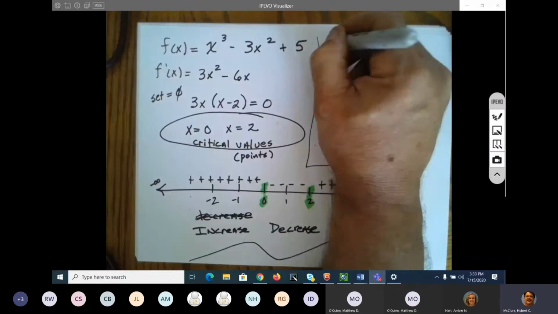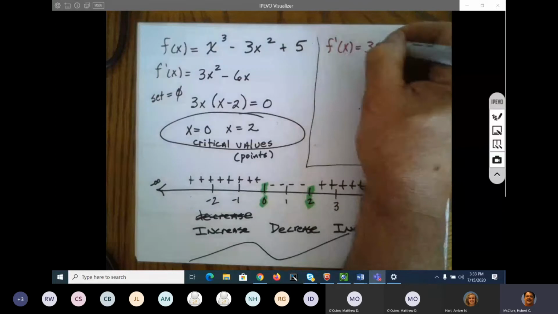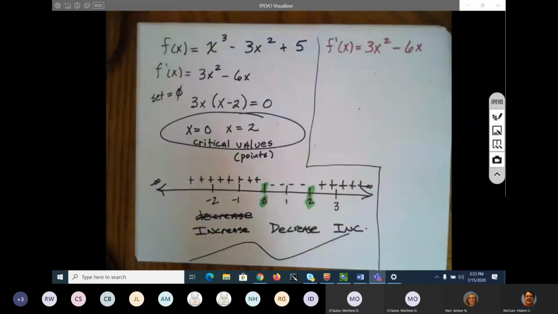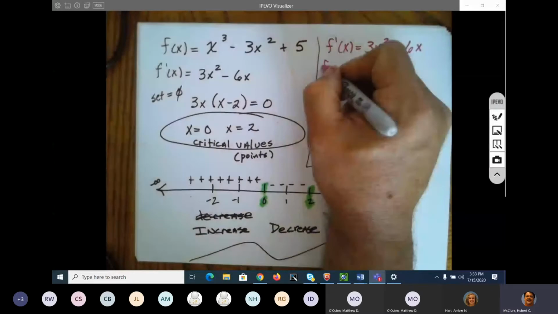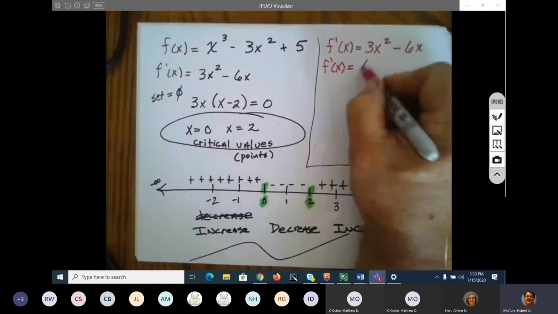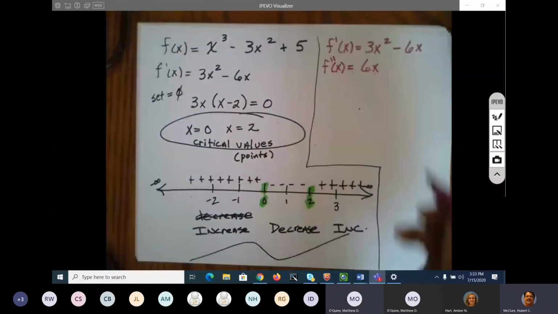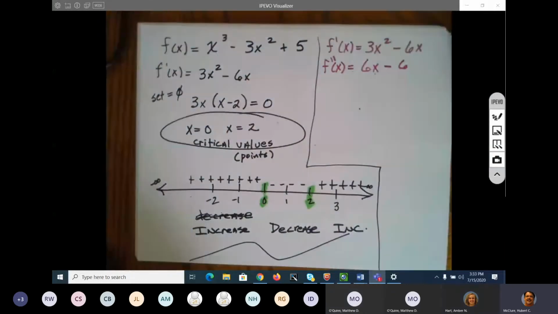F prime of x is equal to 3x squared minus 6x. And now I'm going to find the second derivative. F double prime of x is equal to 6x minus what? 6. And now set that one equal to 0.